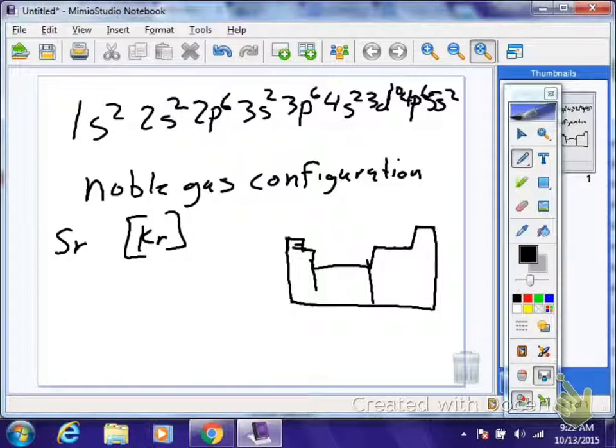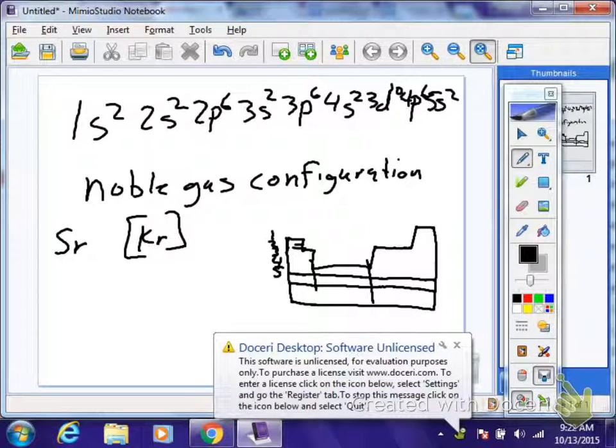But anyway, we're down here. Let's say this is 1, 2, 3, 4, 5. We're in the 5th row where that starts, and we need to go right here.